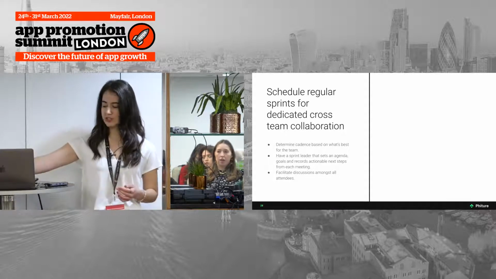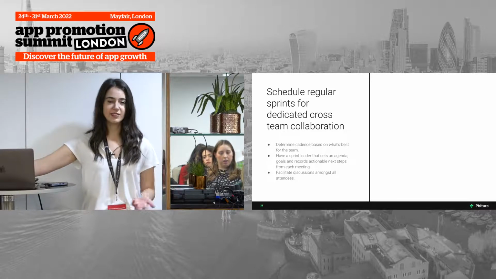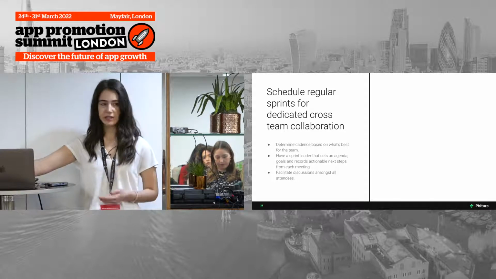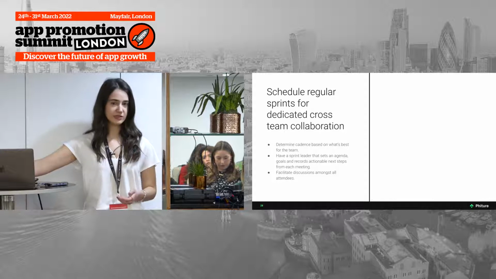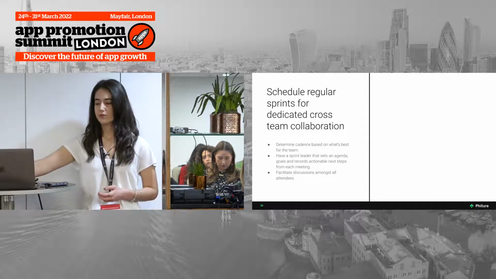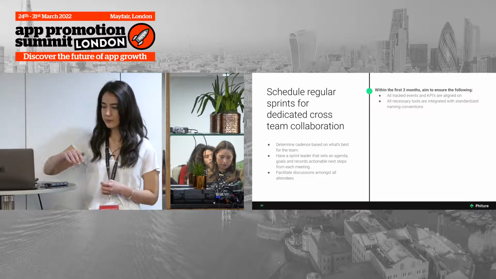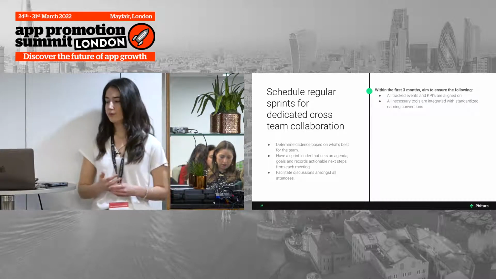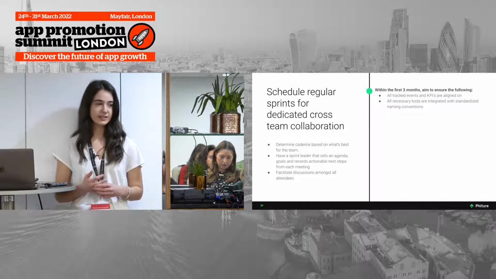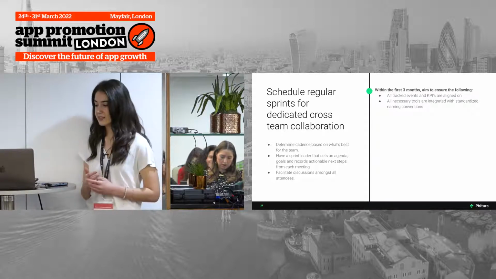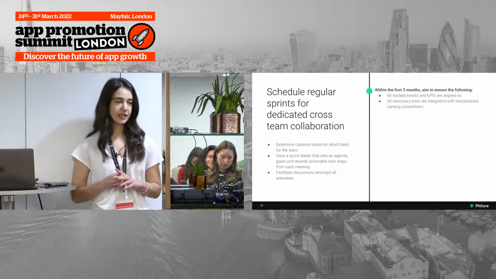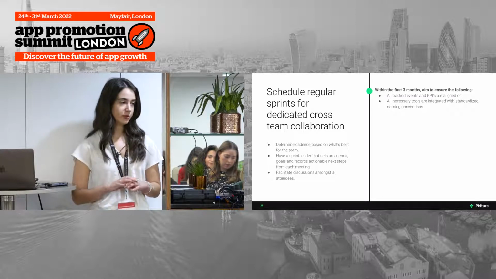And what we've done is implemented a high-level timeline of what it could look like. So you have goals or objectives to hit as you leave today. Maybe within the first 3 months, you're aiming to ensure that your taxonomy is clean, your tracked events and KPIs are all aligned between all the teams.